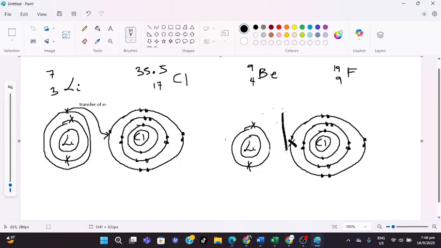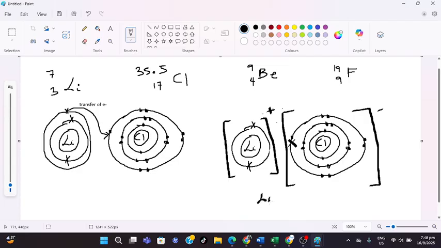And this is gonna become negative, and this has become positive. And if you want a formula, lithium chloride. And that would have been the first one.